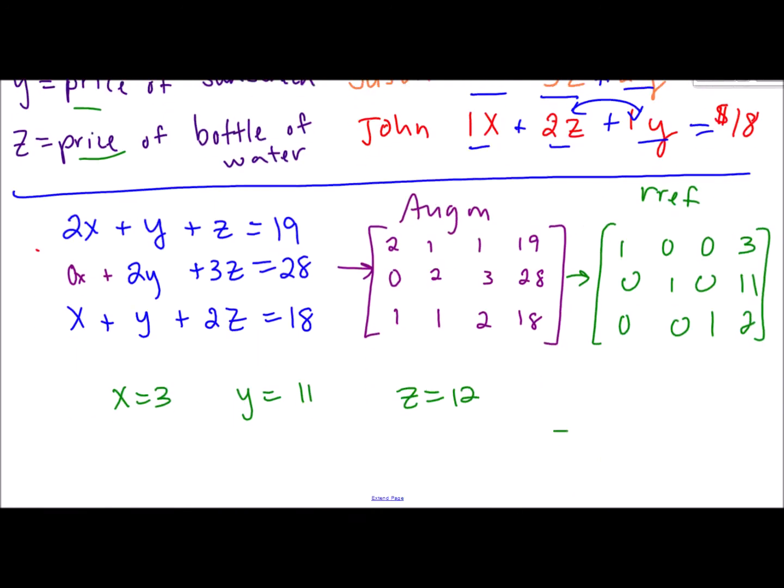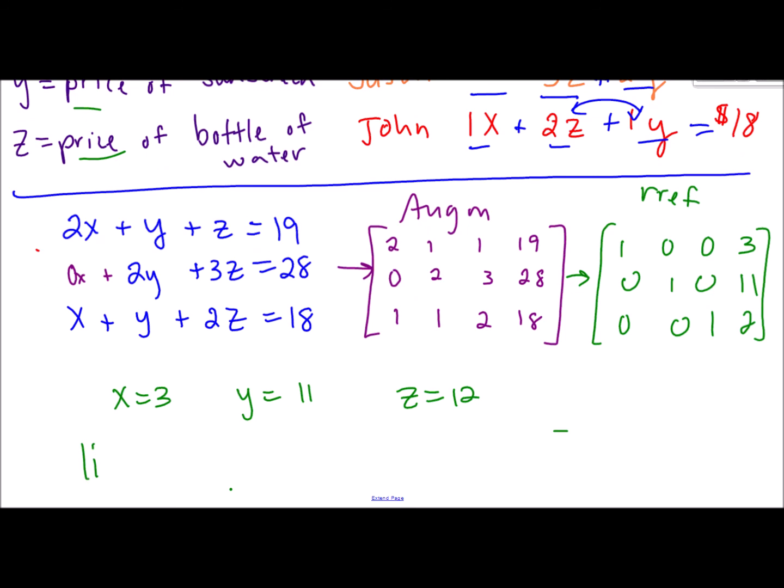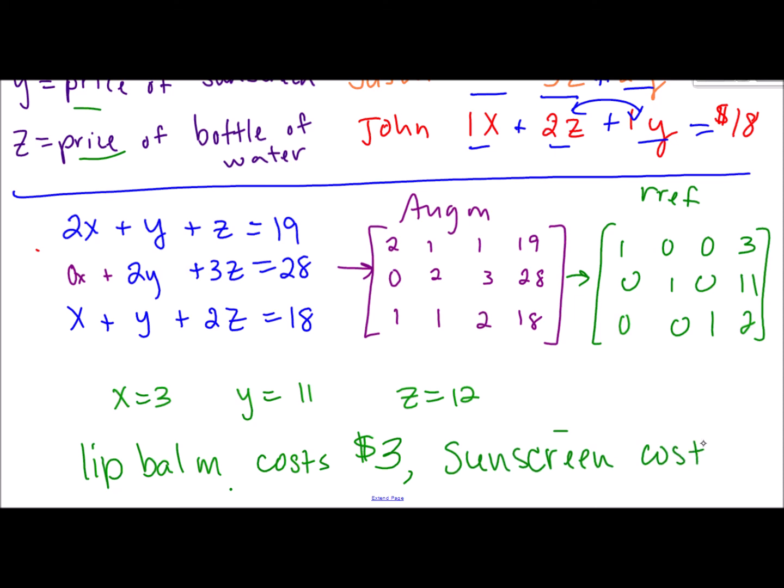So down here, x was the price of lip balm. So lip balm costs $3. Let's see, y was sunscreen. Sunscreen costs, y was 11, so $11.